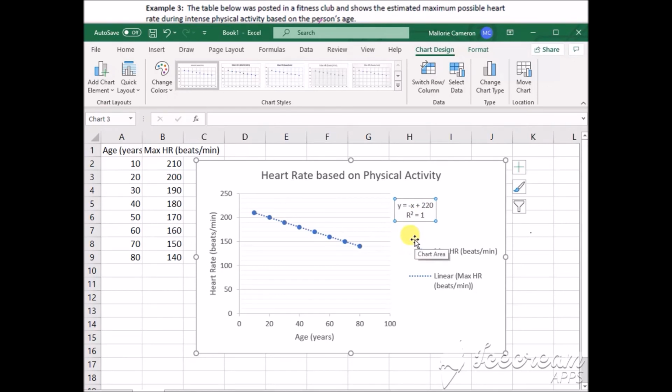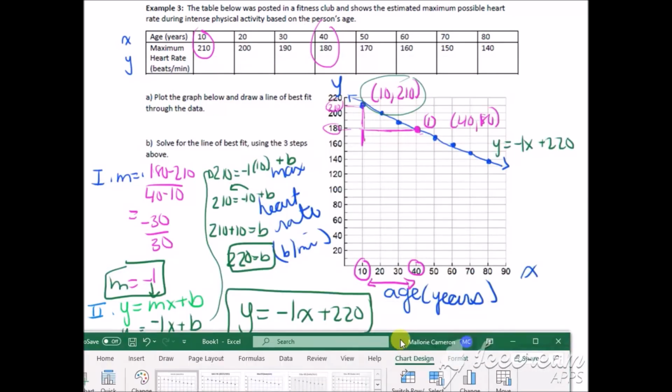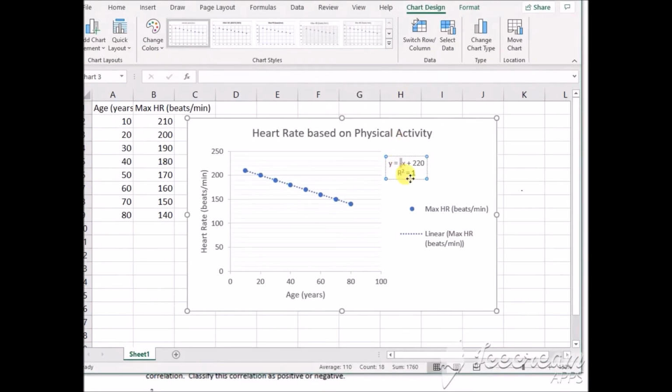So what do we notice with the line of best fit? Y equals negative x plus 220, and then we have r squared equals 1. I think we got the same slope for this, negative 1, and let's take a look. Yeah, and then we got positive 220 for the y-intercept.